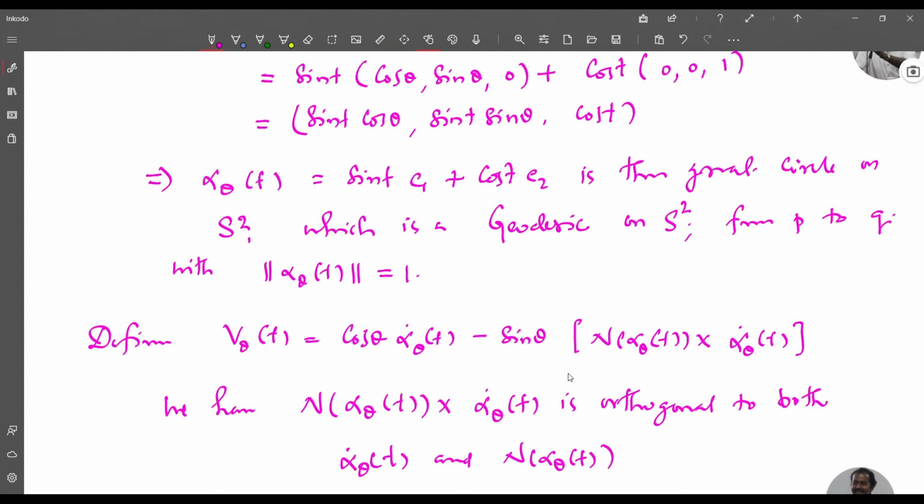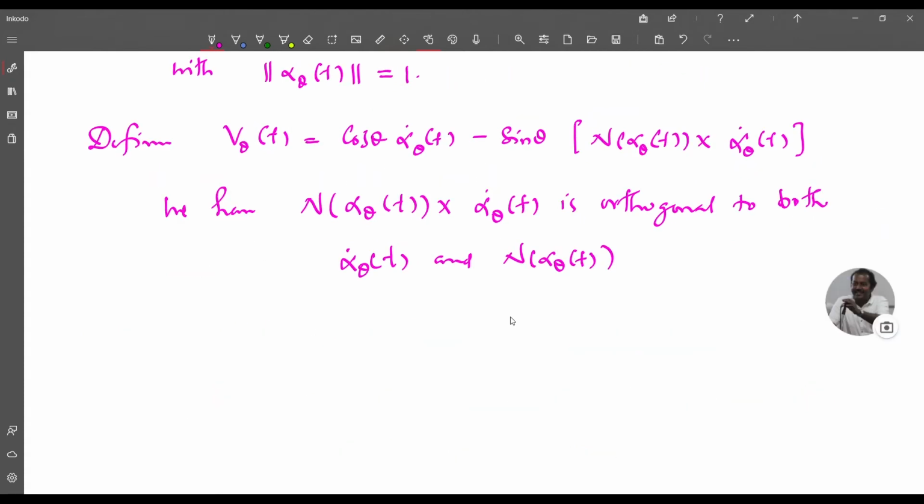This you know. Also, alpha theta dot of t, this is the derivative of alpha theta of t.